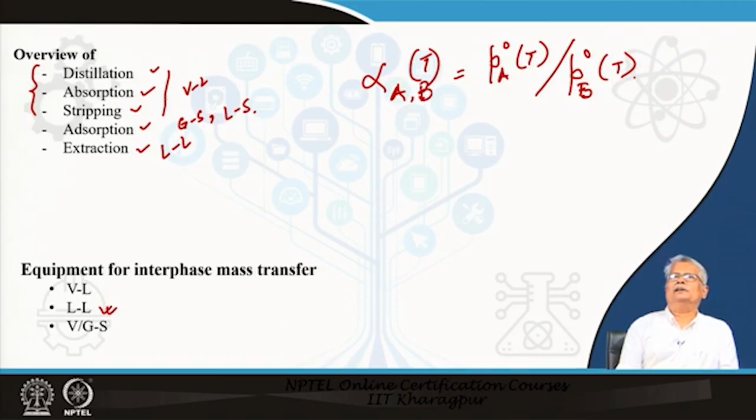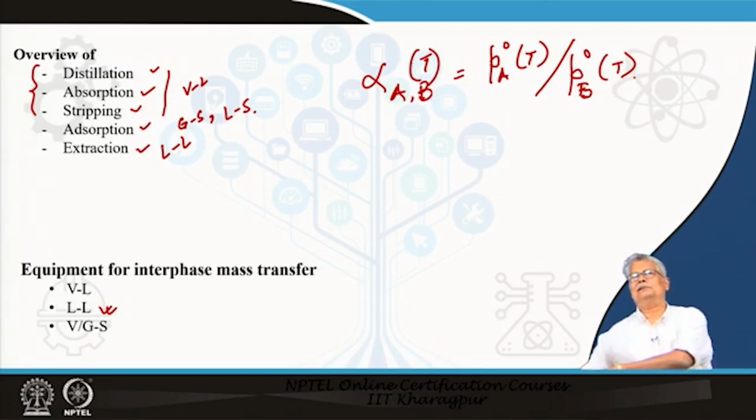For example, if you do a fairly detailed calculation for distillation, which has the stripping section at the bottom and the enrichment section at the top, the calculations are the same for absorption as well as stripping and distillation. In fact, the simulators that you have today use the same set of mathematical routines for simulating distillation, absorption and stripping.